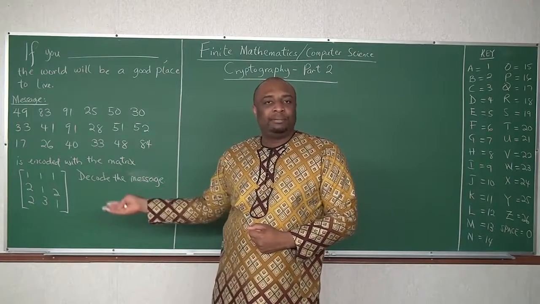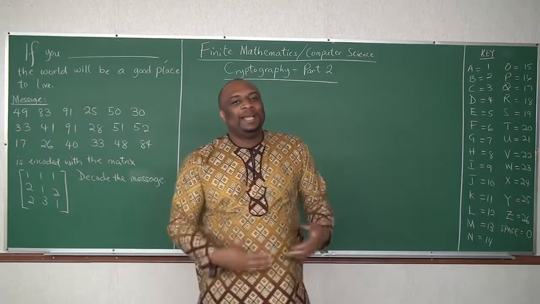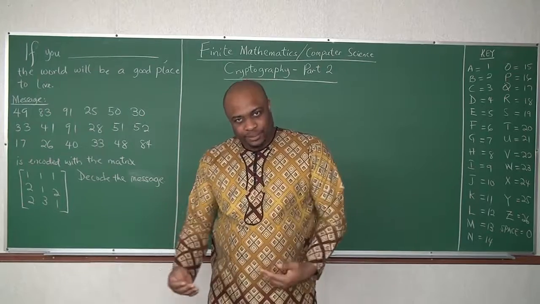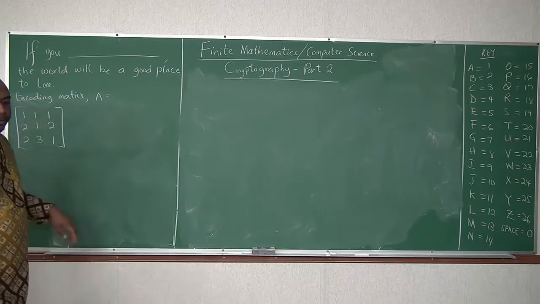If the encoding matrix is a 3x3 matrix, then the message will be written as a 3x3 matrix. We know that our encoding matrix is 1, 2, 2, 1, 1, 3, 1, 2, 1. That's the encoding matrix A.